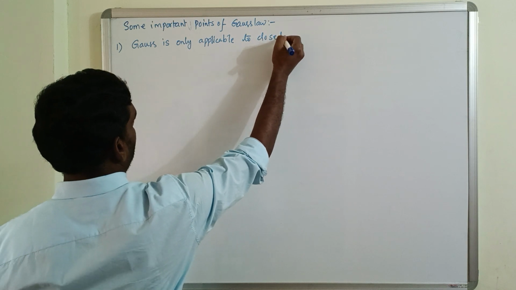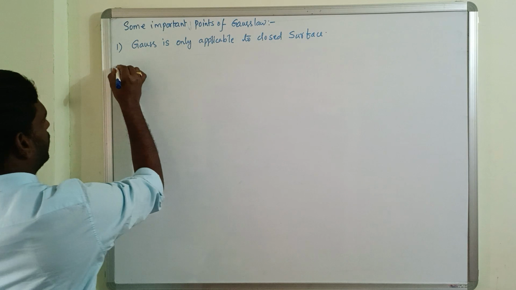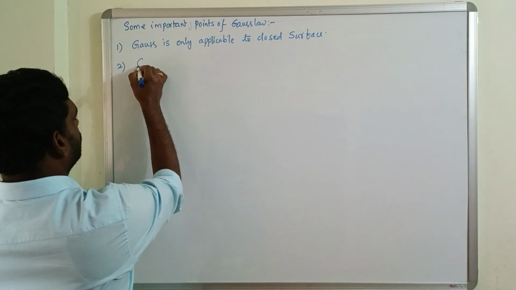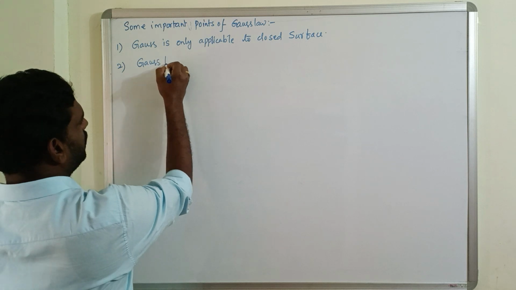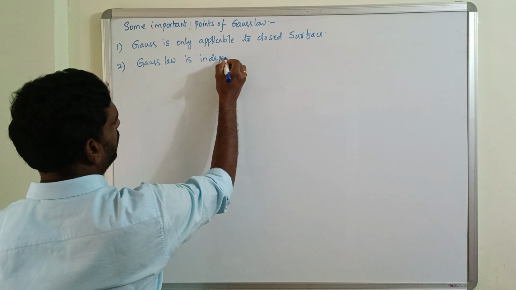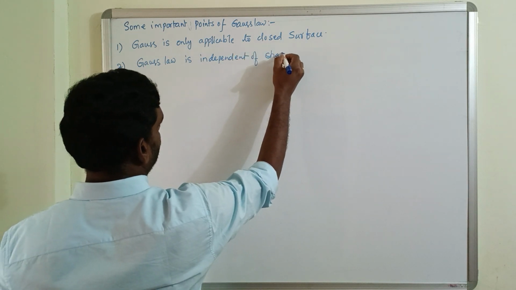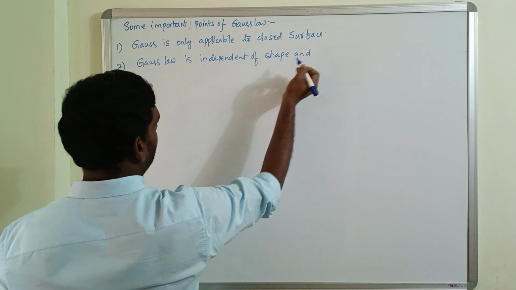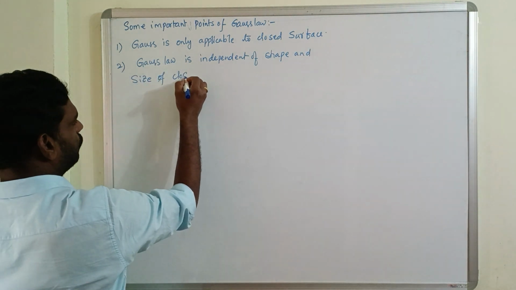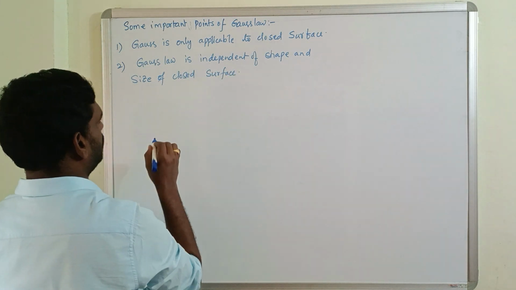Closed surface కే applicable చేస్తాం. Okay. Second point is Gauss law is independent of shape and size of closed surface. That is, flux is independent of shape and size of closed surface.